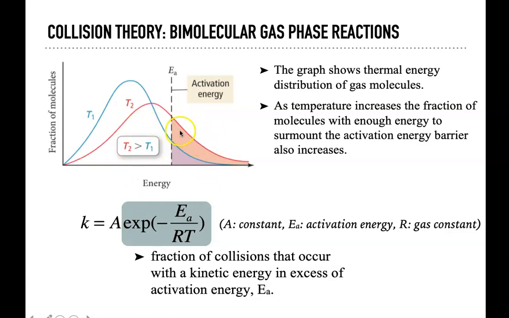This is reflected in the Arrhenius equation. The equation says the pre-exponential factor multiplied by the exponential of negative activation energy over RT.